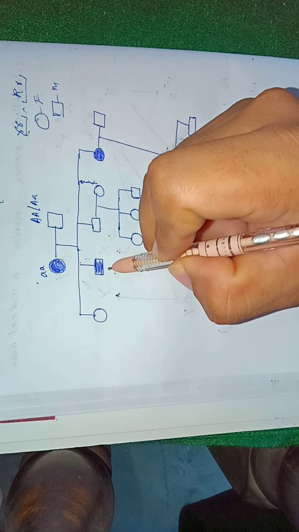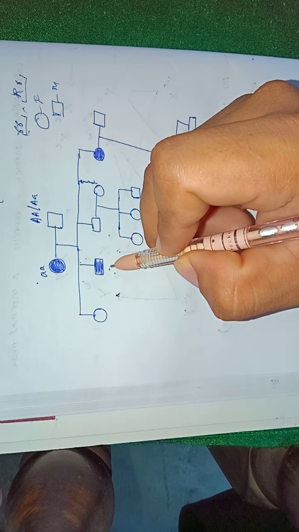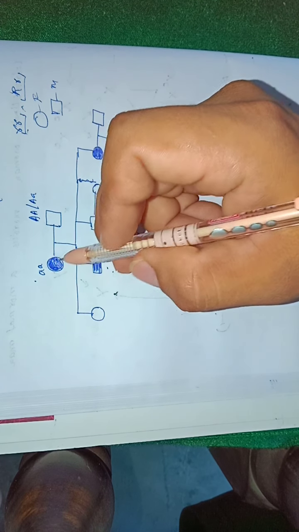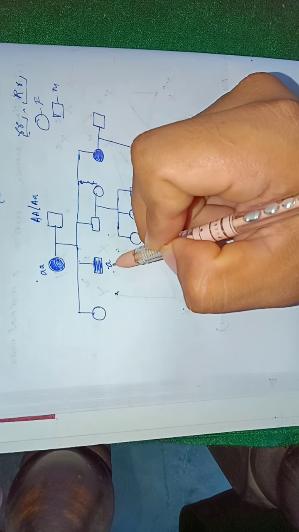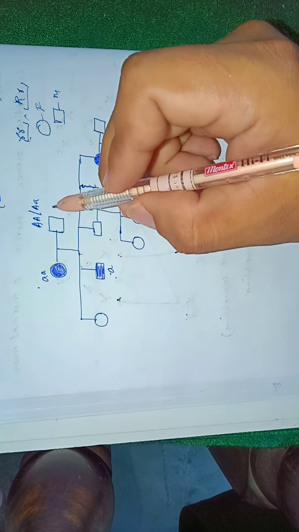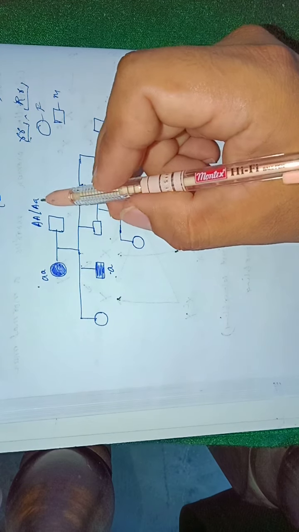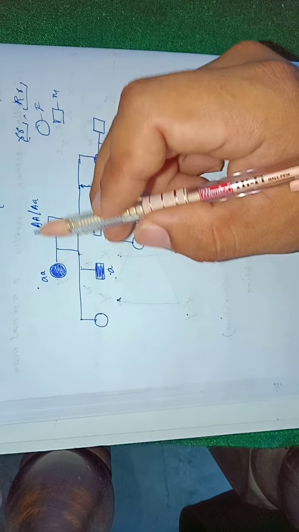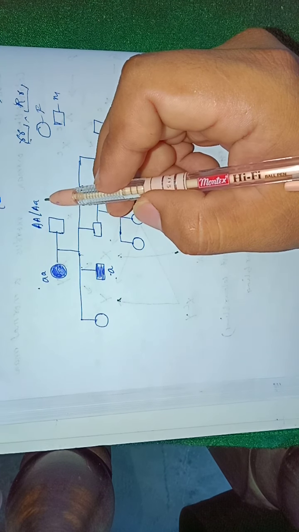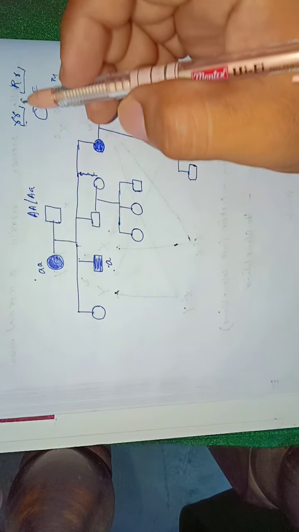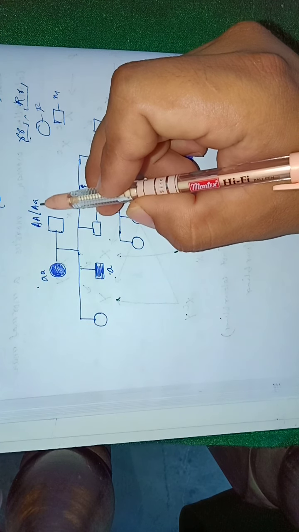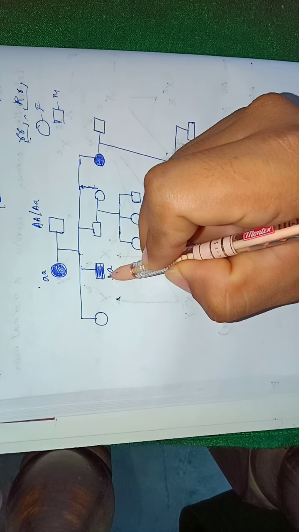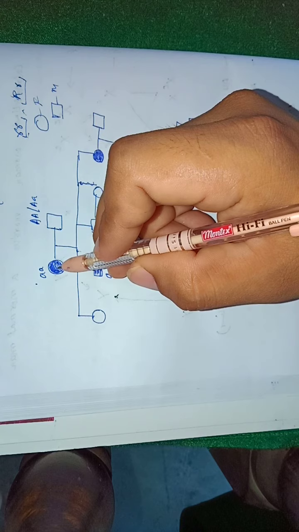Since this child, that is the male, is affected with sickle cell anemia, this gene will occur here. This male will get one gene from the mother and one gene from the father. Since sickle cell anemia expresses only in homozygous recessive form, the only possibility is that the father is heterozygous Aa, so that the small a will come and fuse with the small a of the mother.